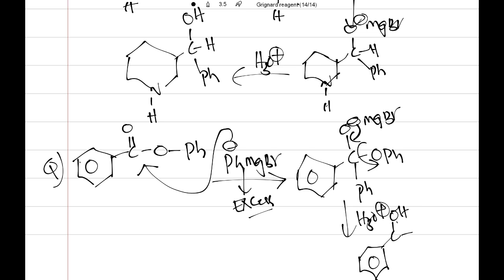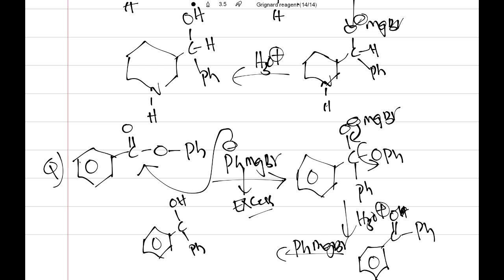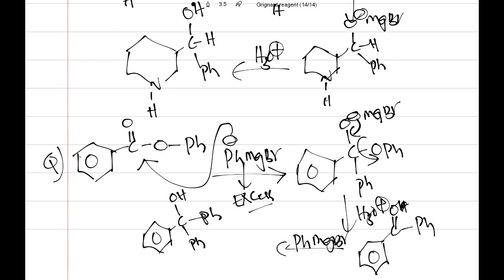That means we can get C double bond O along with this Ph, and again if I react with PhMgBr, we can get the tertiary alcohol. That is nothing but OH, this is the Ph, and the other one is also Ph. So this is the answer of this question. Right, the next one I am taking.